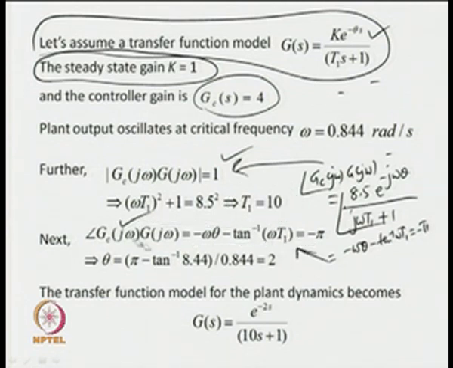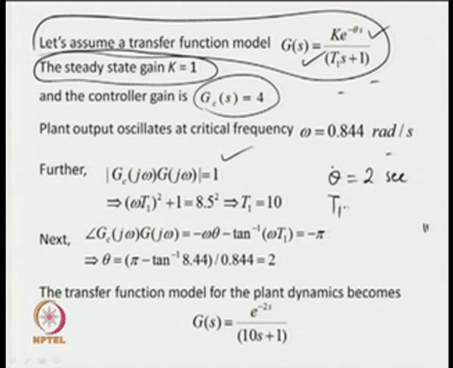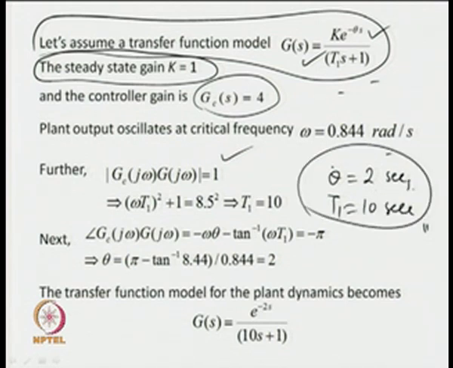So, what we have done in this case is estimate the two unknowns of the process model, theta and T1. Theta is equal to 2 seconds and T1 is equal to 10 seconds. So, we have accurately estimated the dynamics of the process.